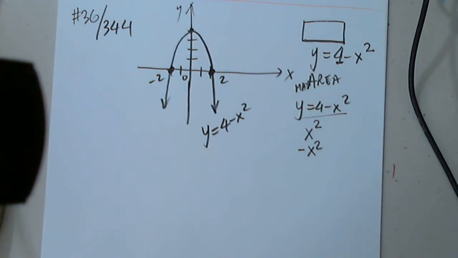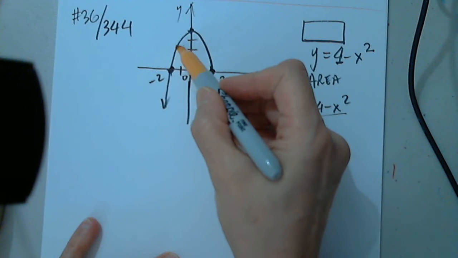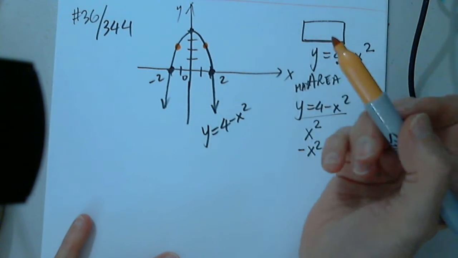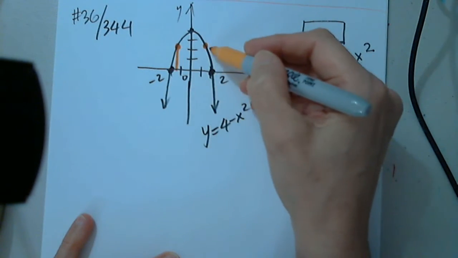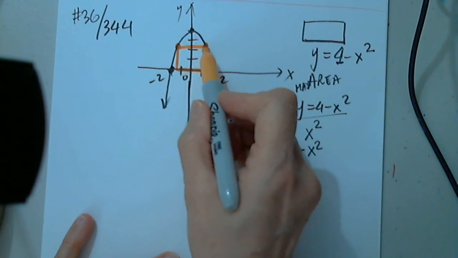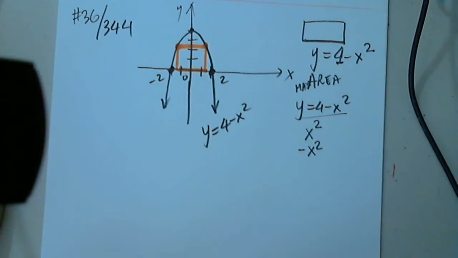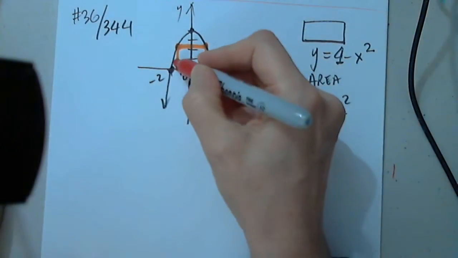Now let's talk about this rectangle. It says that the upper vertices are somewhere on this parabola and the base somewhere on the x-axis. This is one option. Here's another option.